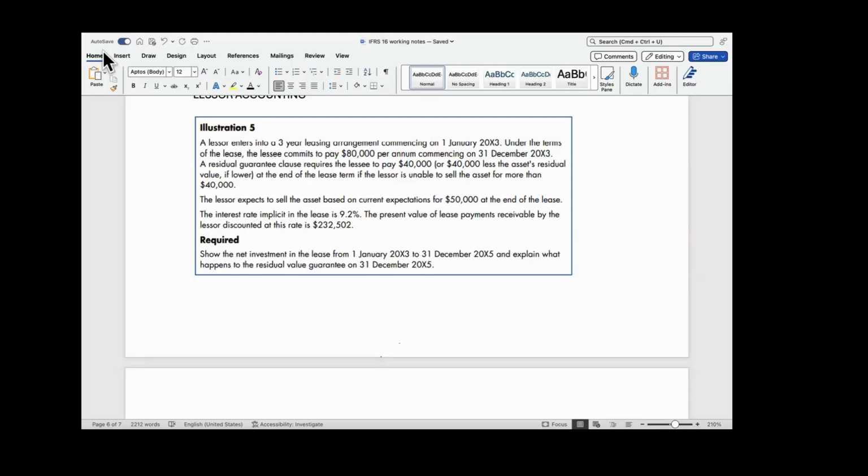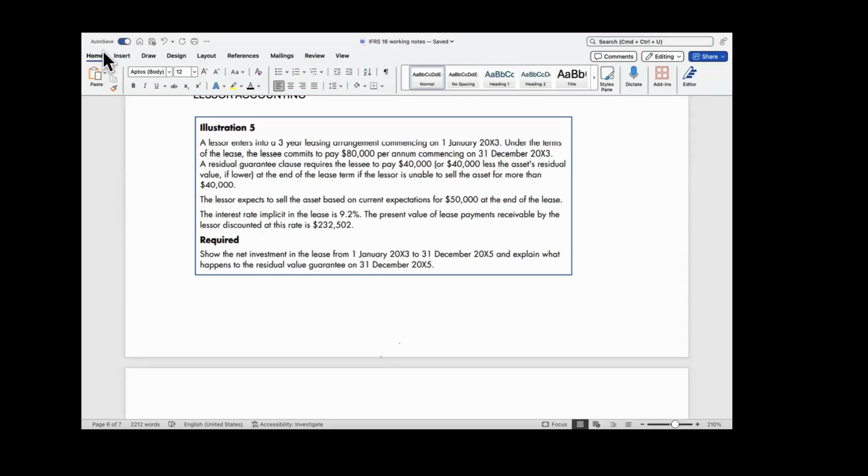The residual guarantee clause required the lessee to pay $40,000 or $40,000 less the asset's residual value if lower. At the end of the lease term, if the lessor is unable to sell the asset for more than $40,000, the lessor expects to sell the asset based on current expectations for $50,000 at the end of the lease.